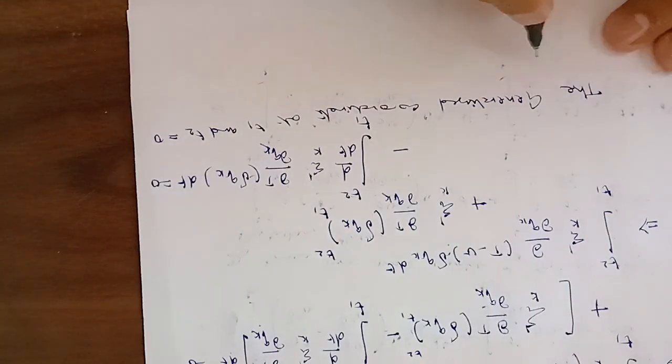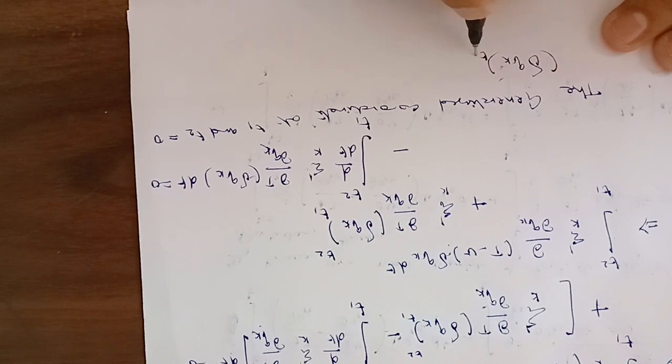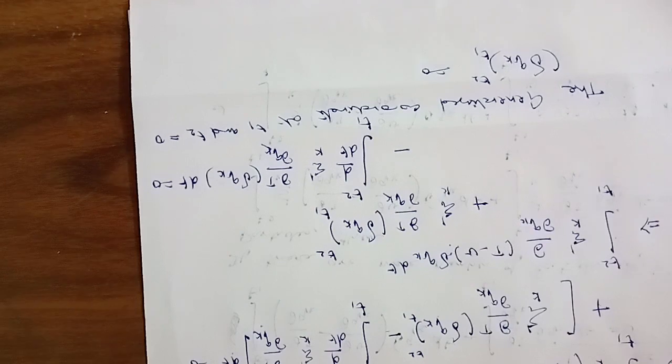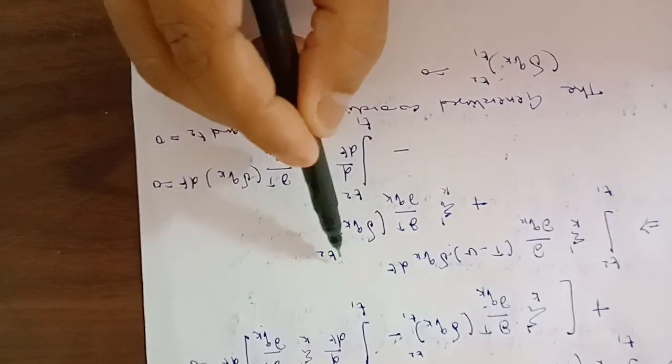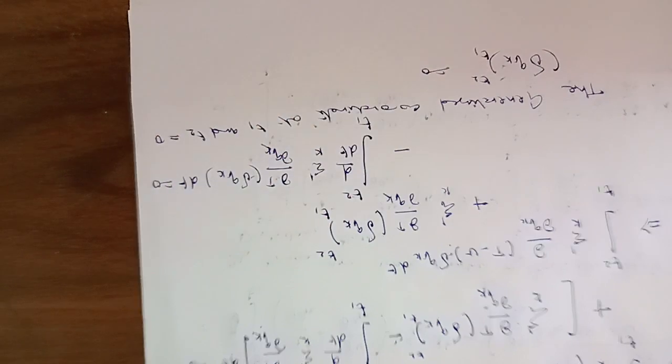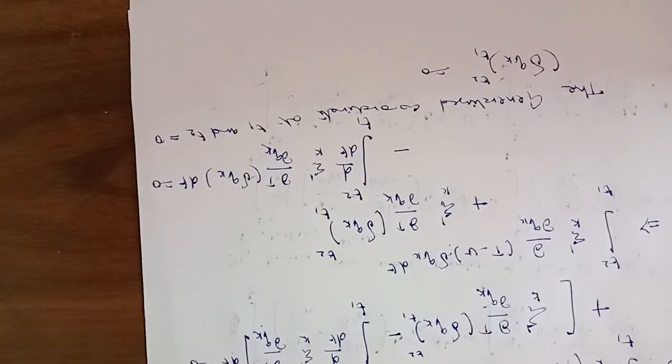That means delta qk of t1 to t2 becomes 0. Then this term will become 0. Understand? This term will become 0.